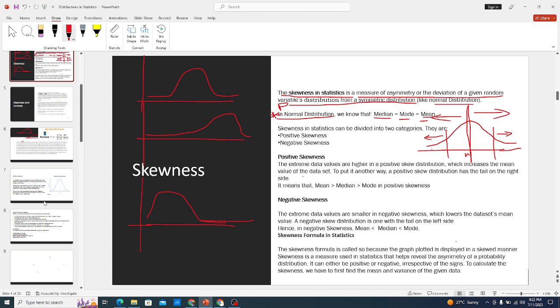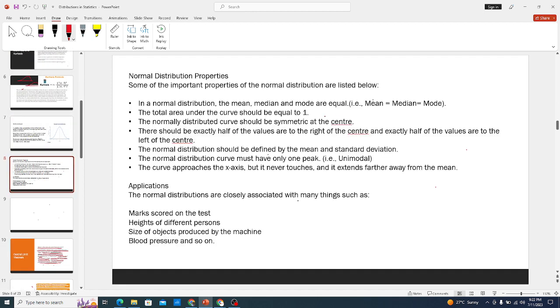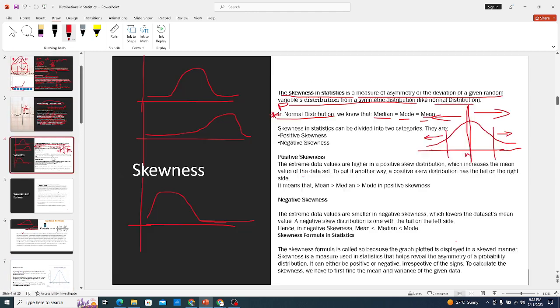Under the properties of normal distribution, the mean, the median, and the mode are equal. This is a major property of the normal distribution. So when we are talking about skewness, we usually check skewness in reference to a standard normal distribution.